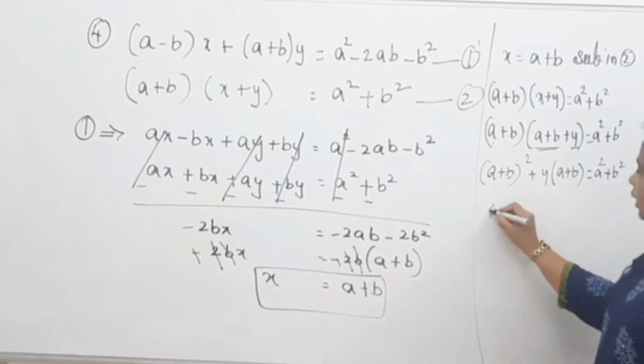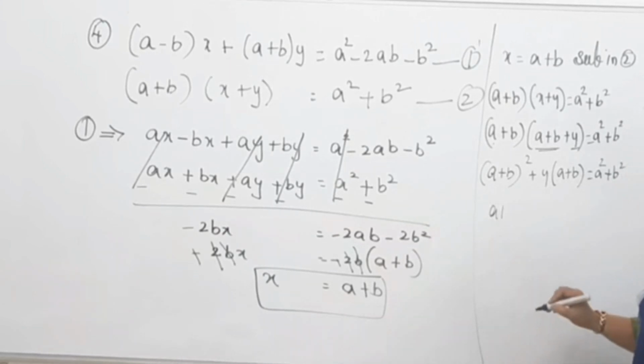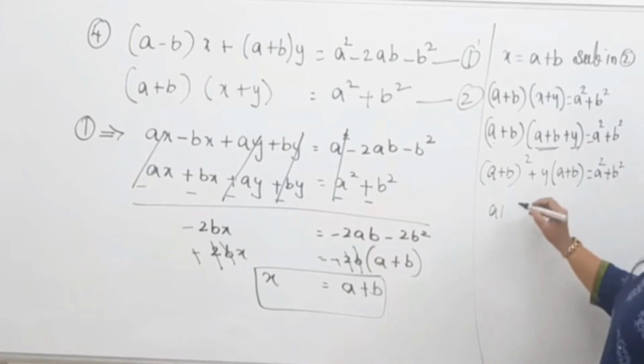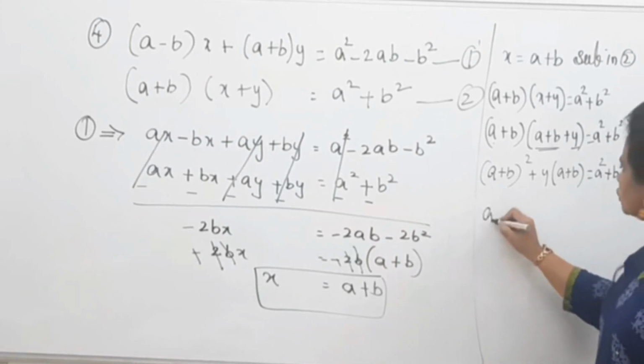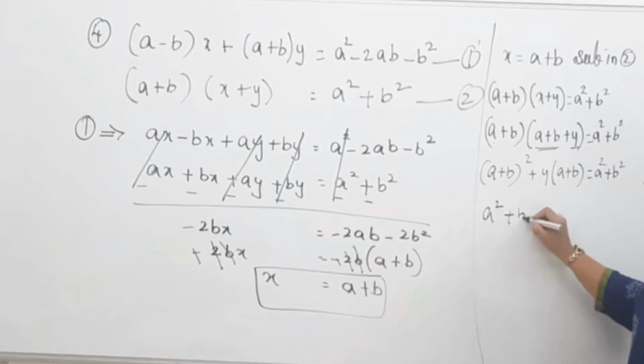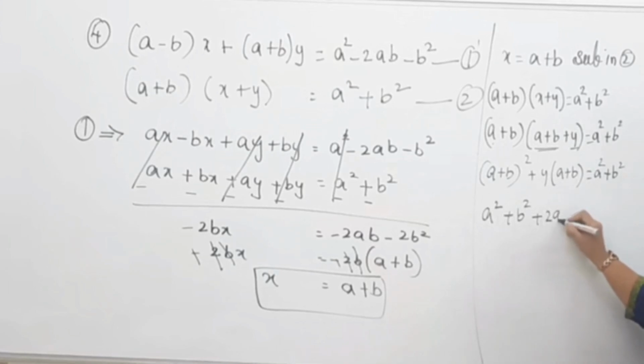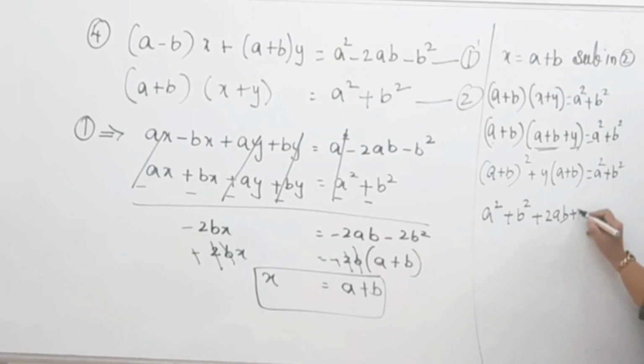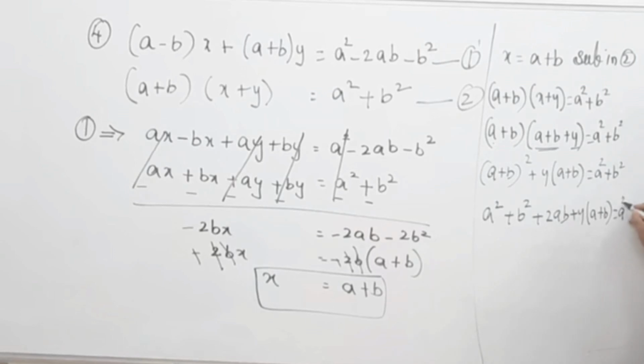Now I'm going to take out the common, that is (a plus b) square, that becomes a square plus b square plus 2ab, and plus y into (a plus b), which is equal to my a square plus b square. I get cancel of these two.